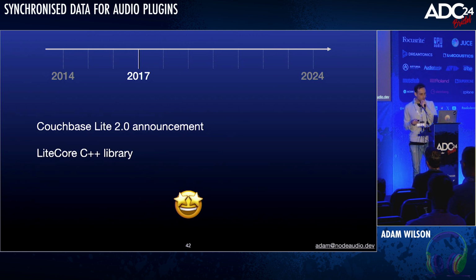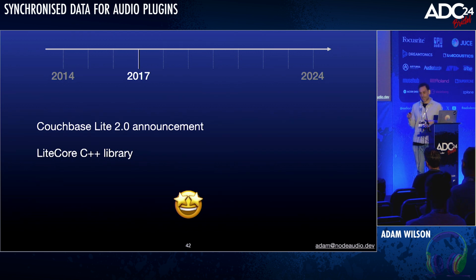Then a few years later, after I was well into developing the mobile app, I think I'd released it or was about to release it at this point, but still thinking I want to get this stuff into a plugin at some point, Couchbase announced Couchbase Lite 2 is coming, and it's going to have this C++ core library, and I was really excited. I started diving into this undocumented C++ code to try and use it with my project.